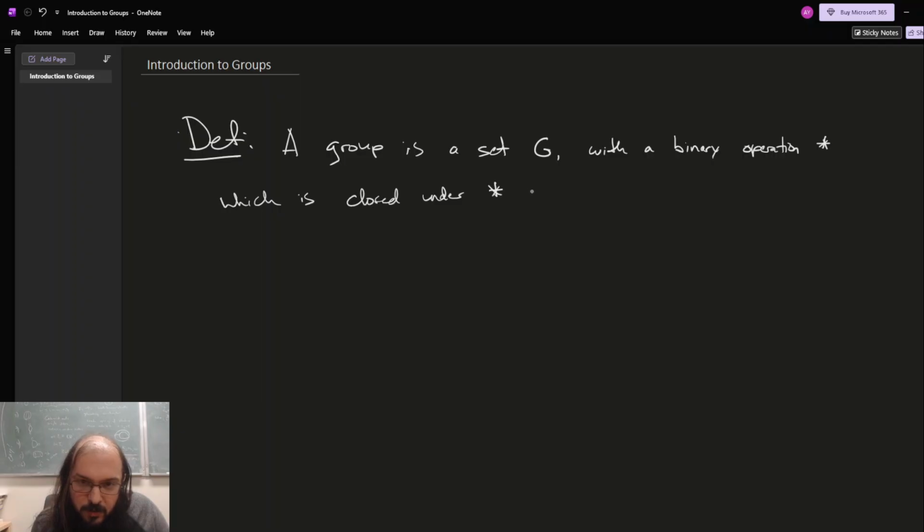In other words, given any two elements of this set, their multiplication or their asterisk operation, we call it multiplication for lack of another word, will also be an element of this set.